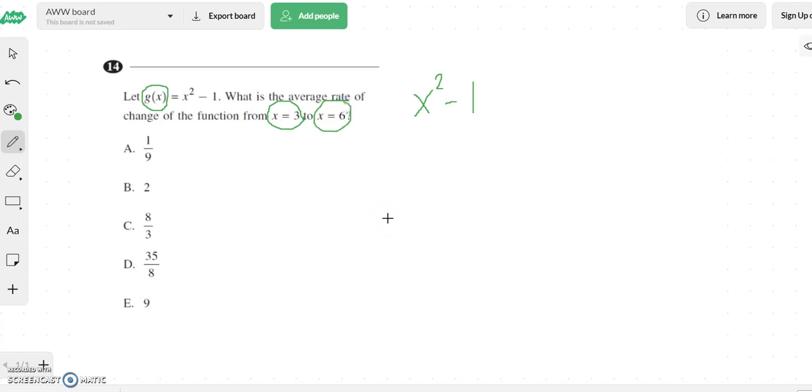This is a lot of complicated language to say what happens if we replace the x with a 3 and what happens if we replace the x with a 6. So we're going to do those two things and figure out what's going to happen. So first of all, we're going to replace it with the 3.